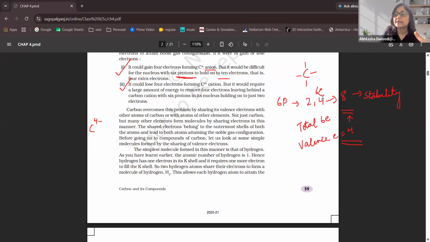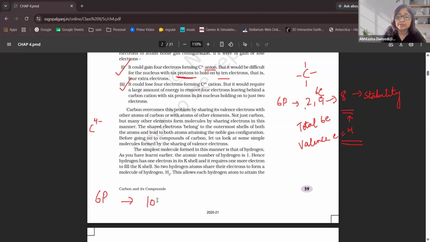If you put in four electrons, then how many electrons does it become? 10 electrons, right? The four are the valence electrons, and you're putting more in, and two are already there as core electrons. So it becomes 10 electrons and only six protons.